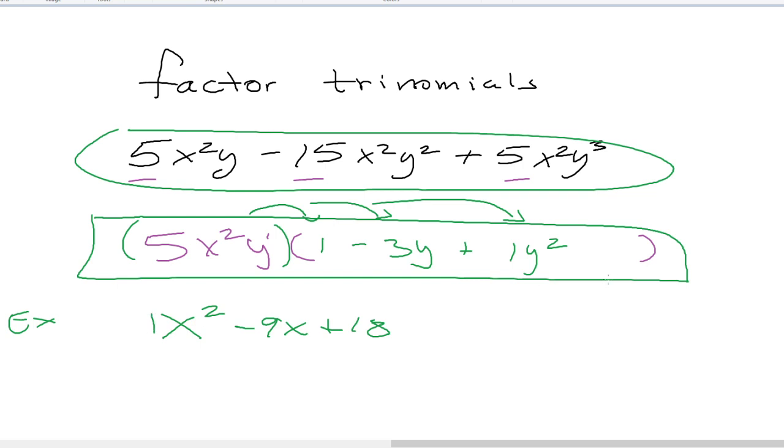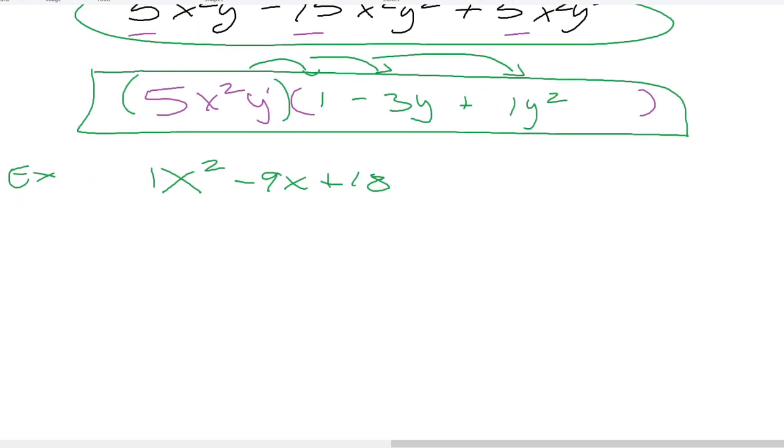So it appears that there are no common factors. Nothing goes into this, -9 or 18. So it appears that I'm done. This is prime. But in reality, there are two factors. I'm going to show you the fastest way to get this answer.